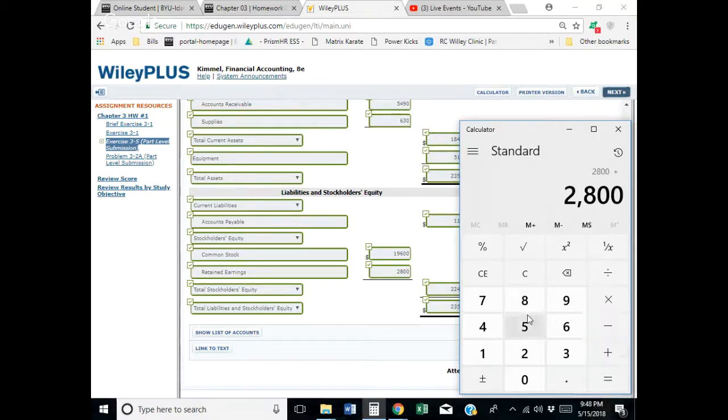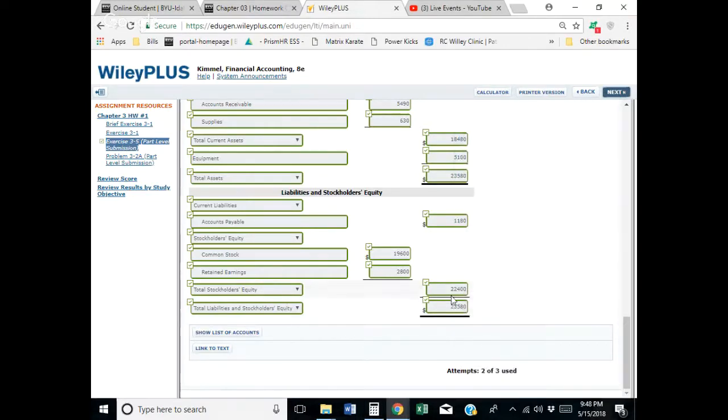We add common stock of 19,600, which will give us 22,400. From the drop down menu, select total stockholders' equity. And total stockholders' equity is $22,400.